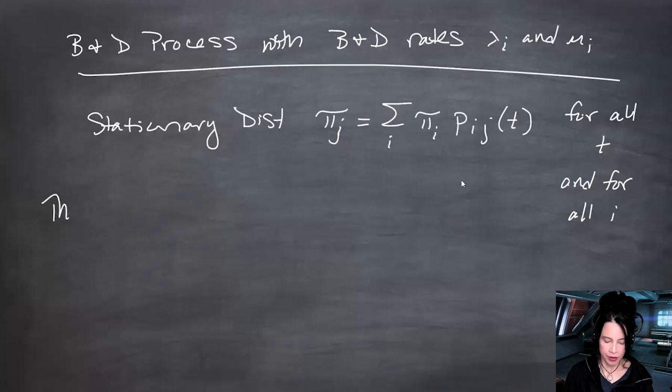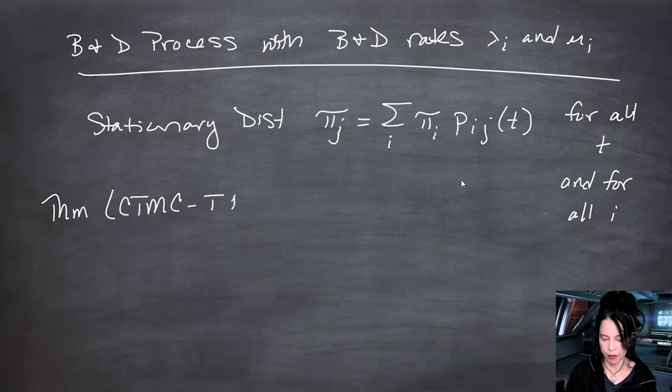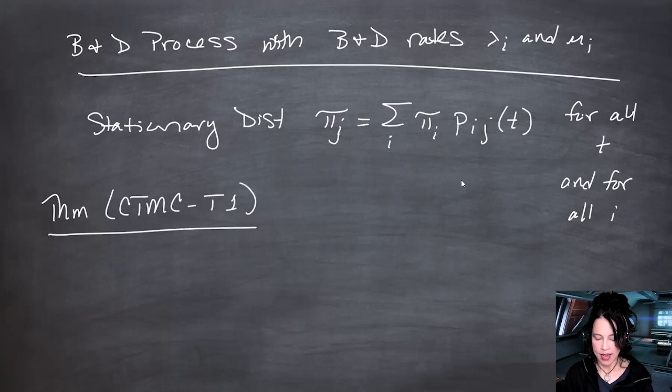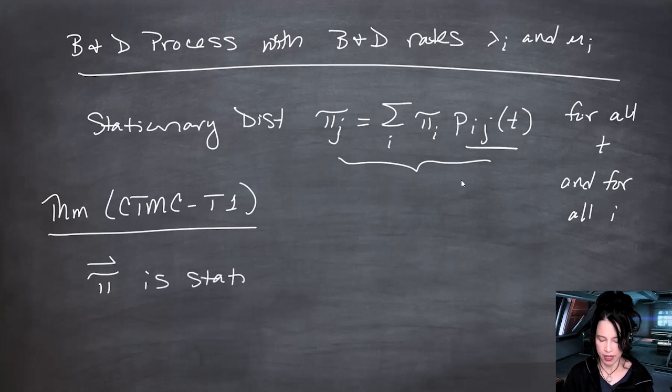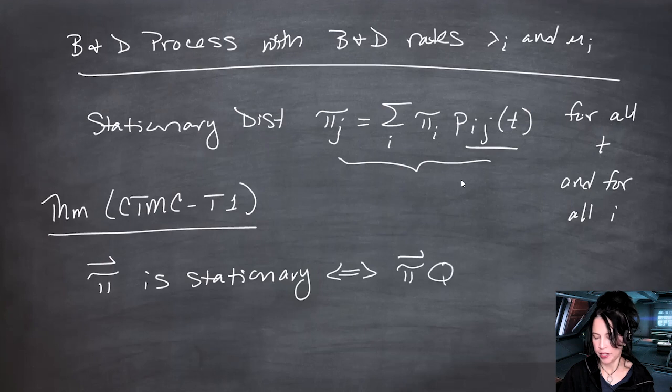We had a theorem, called continuous time Markov chain theorem 1. This equation is not something you want to be solving because the p's are changing in time, so it can be very complicated. But we had this idea of a generator matrix, and we proved that the vector of pi's is stationary if and only if pi times the generator matrix Q is the row vector of zeros.